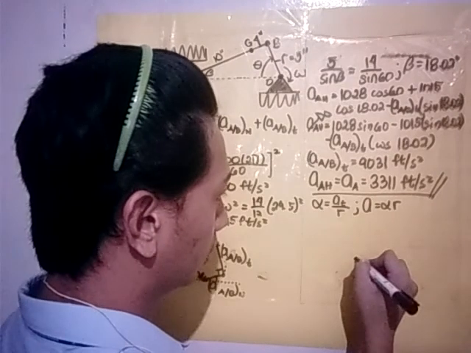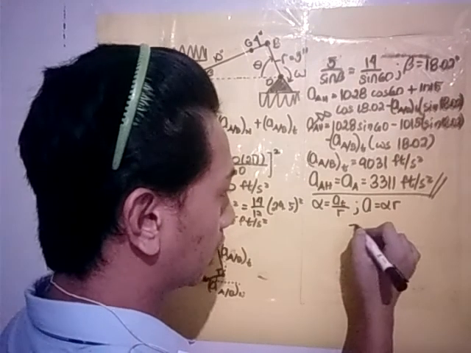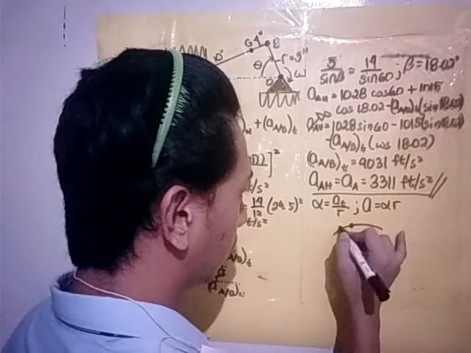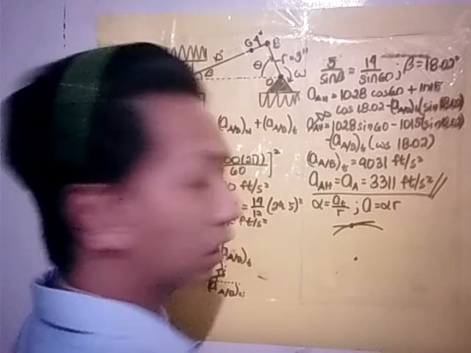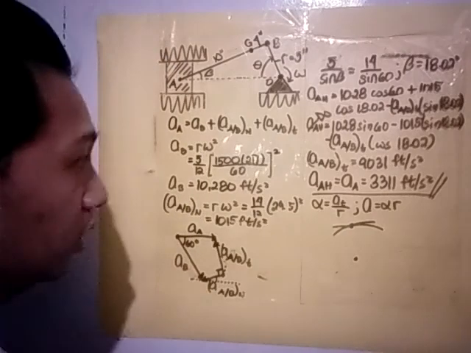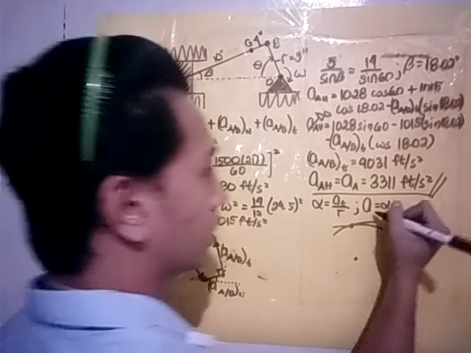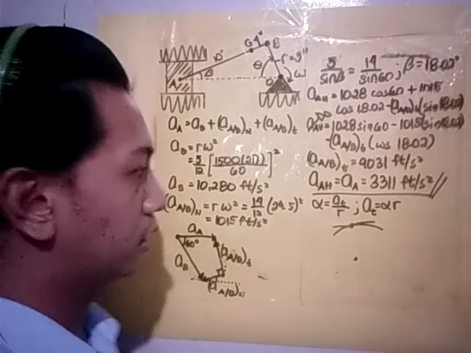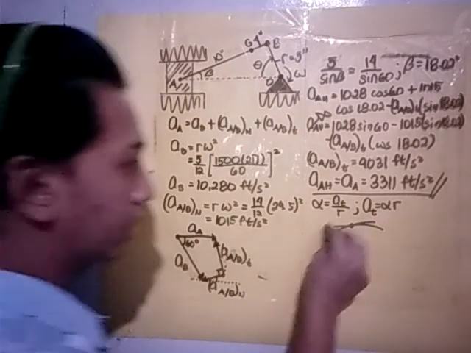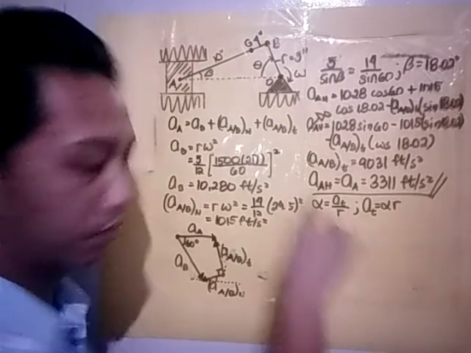Kung meron tayong point dito and point dito, nung nagagawa ng isang circular path, meron siyang acceleration na tangent dun sa path na yon. Then, masasabi ko na yung A na to is A tangent. So, dun galing yung ating formula na ito.